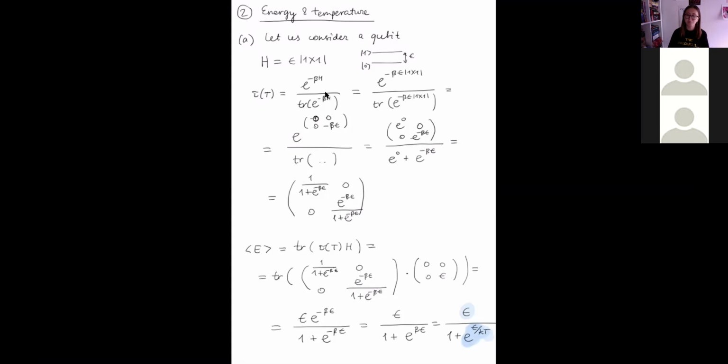So it would be almost impossible to bring the state up to state 1.